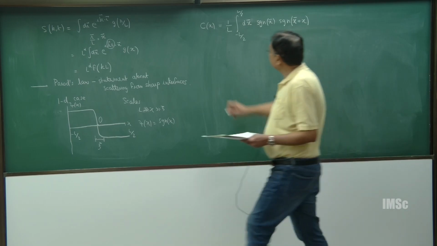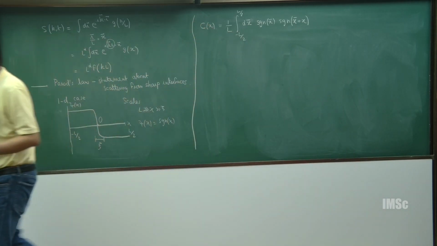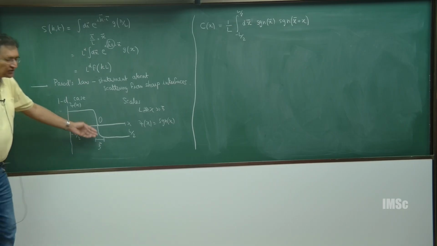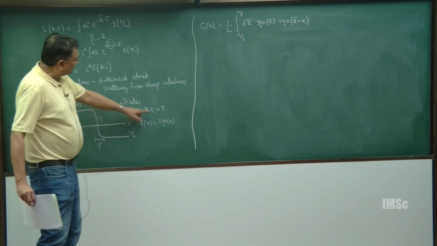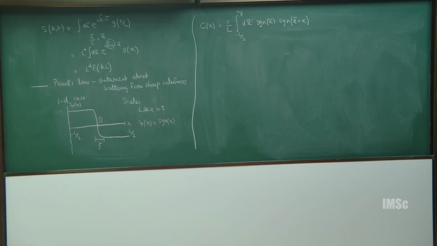You guys are smart, you should have no problem following. I am just calculating this quantity for this specific case of a kink solution, and I have approximated the kink as a sign function, I have taken it to be a sharp interface. Actually, it has some width, which is a microscopic width, but because you are working on length scales much larger than the microscopic width, it is effectively a step function.